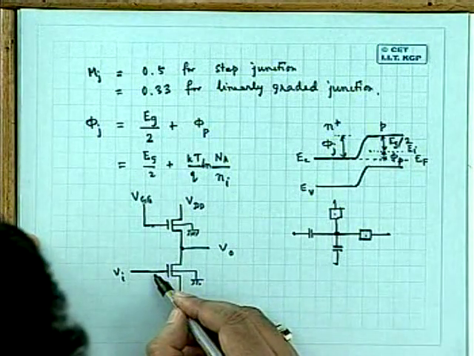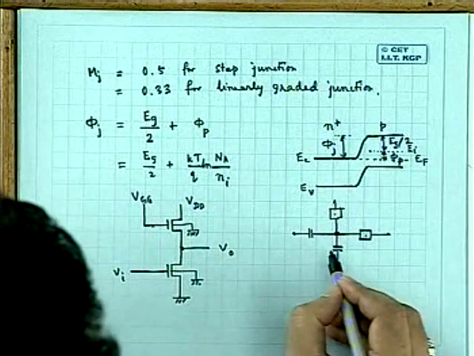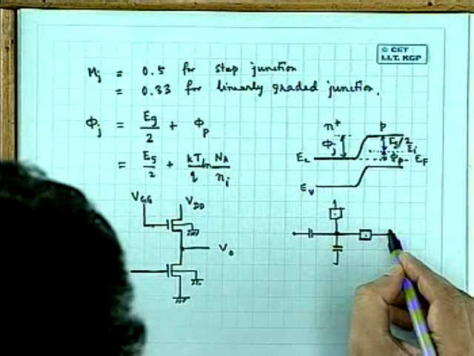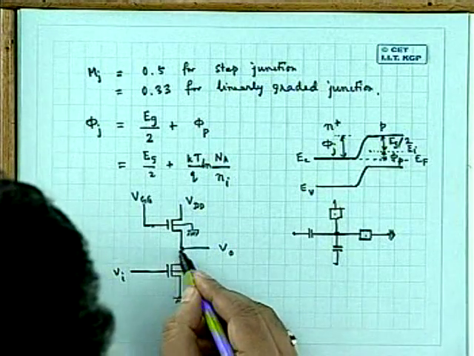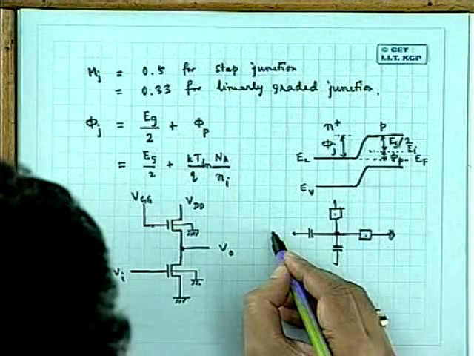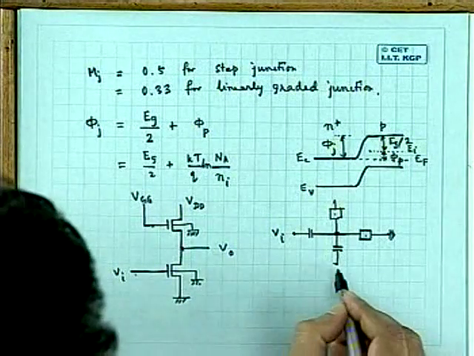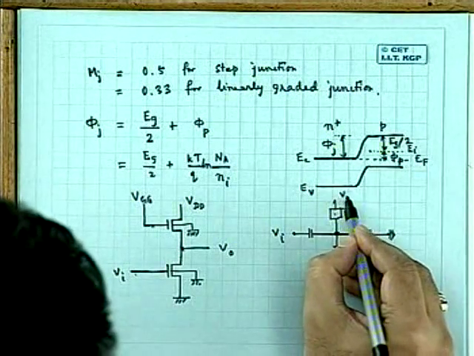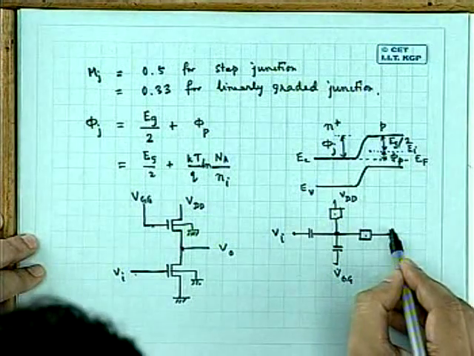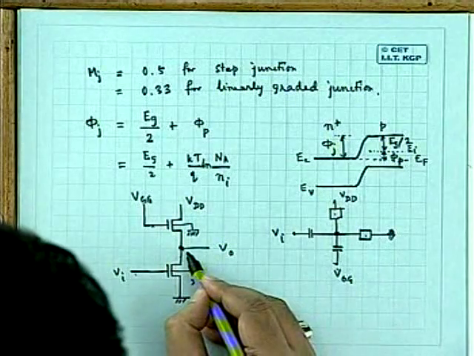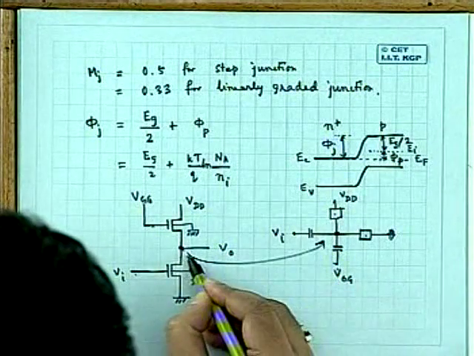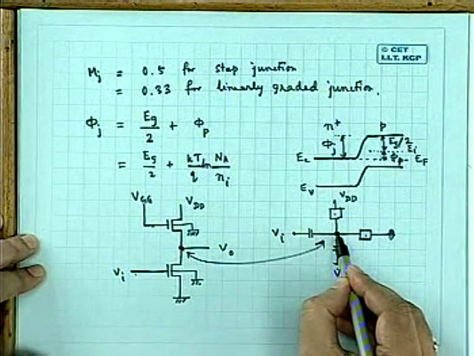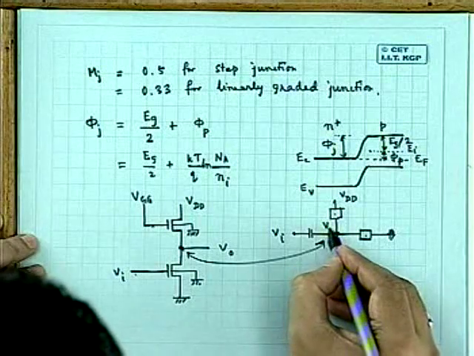I have not shown everything, but this goes to normally ground as indicated here, and this goes to the so-called VI input, and this may be VGS, VGG, like this. This goes to VDD. Am I correct? I have considered this particular node, which is nothing but the VO node.